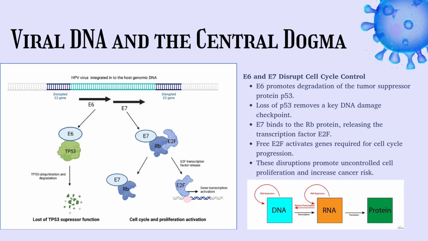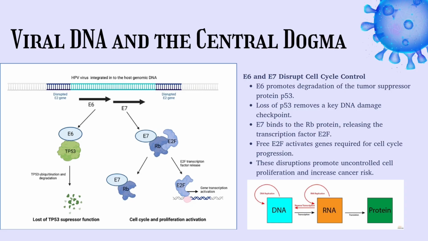During persistent infection, especially with high-risk HPV types, the viral DNA can integrate into the host genome. This integration often disrupts the viral E2 gene, which normally regulates E6 and E7 expression. When E2 is lost, E6 and E7 are overproduced. E6 promotes degradation of p53, a key tumor suppressor that normally stops the cell cycle when DNA damage occurs.